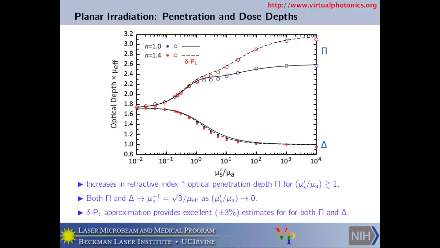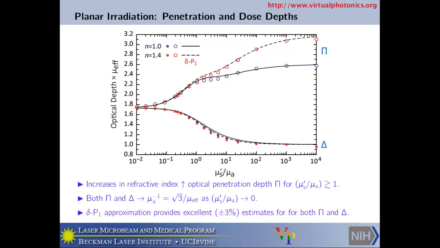So is that true also if you use a diffuse source with a small separation, for example? Can you use delta P1 approximation there and expect good results? So what do you mean by diffuse source? Diffuse source in the sense that it's not a collimated beam. It's, let's say, a diverging beam.